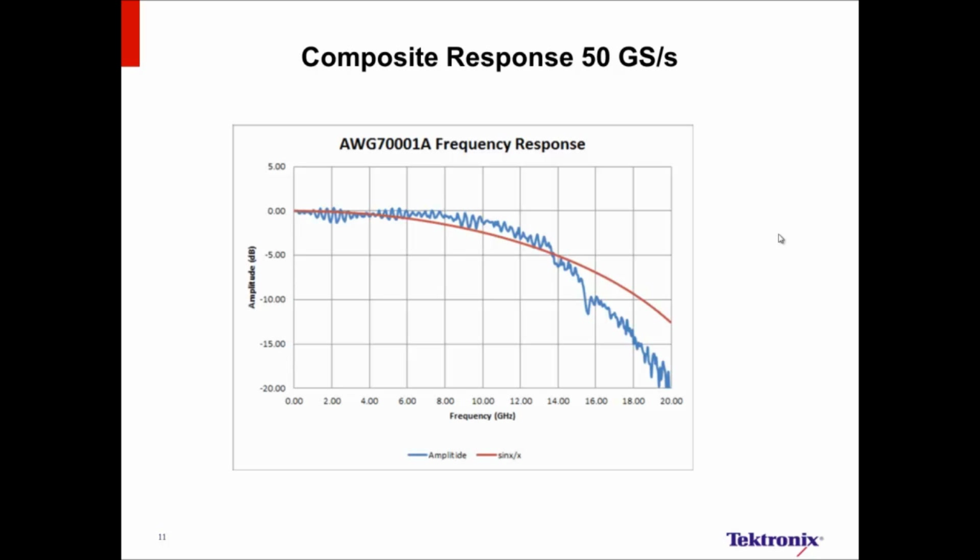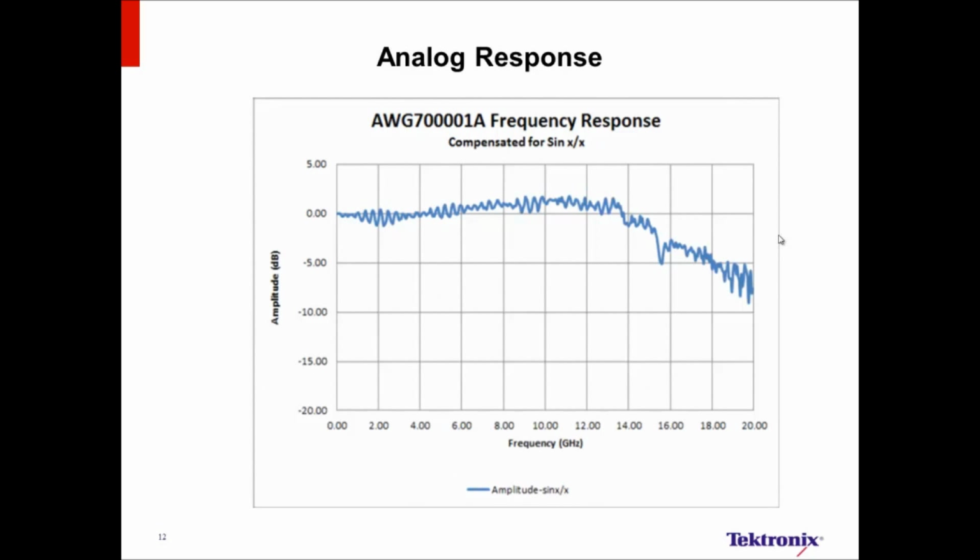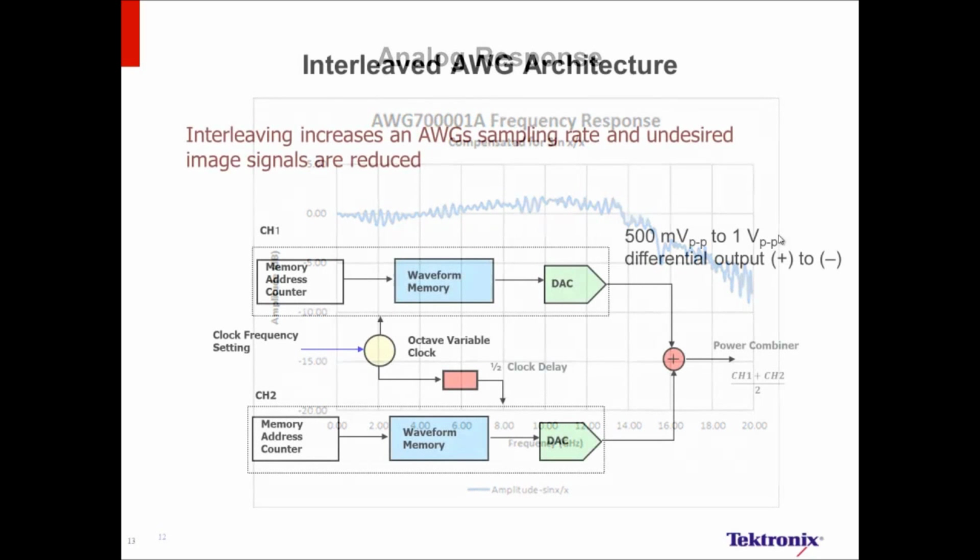But with compensation, we can affect this quite a bit. So here is a mathematically compensated sin x over x signal, and you can see now we're looking at around 6 dB down at 20 gigahertz. So this improved it quite a bit, and we can improve it even more with more compensation.